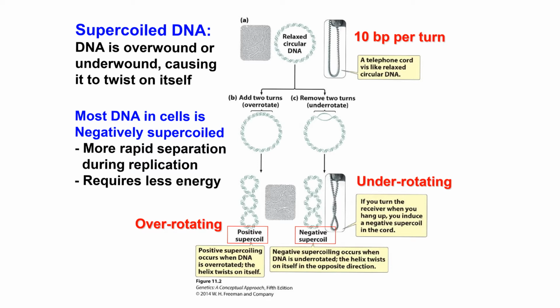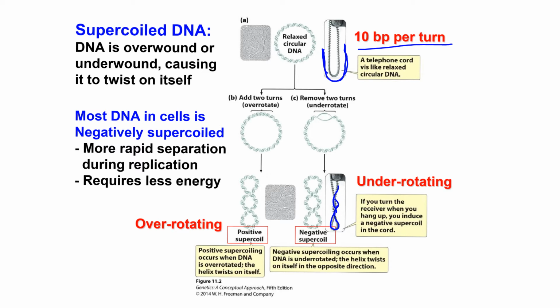It resembles DNA when DNA is relaxed, when it has 10 base pairs per turn. Now, take that cord and try to bring more rotation. Try to over-rotate it and fold it on the side. What you will see is that it will fold on itself. This cord would supercoil. This is what supercoiling is.